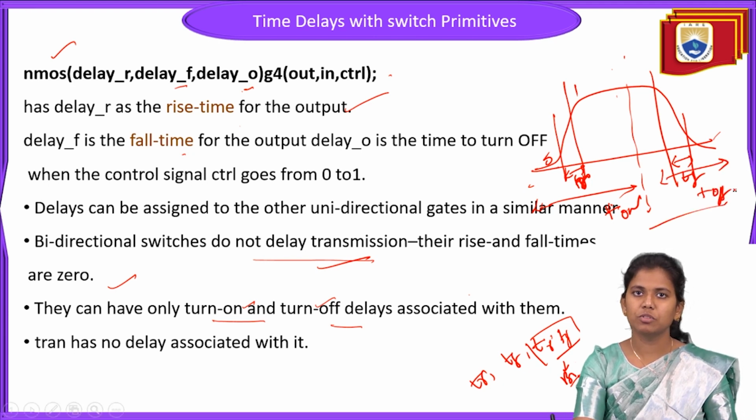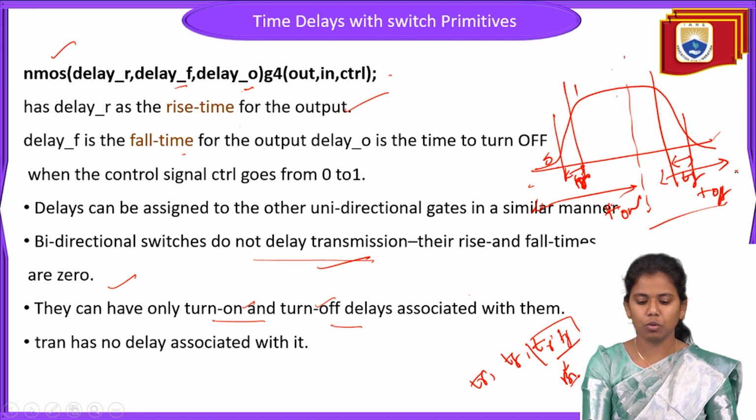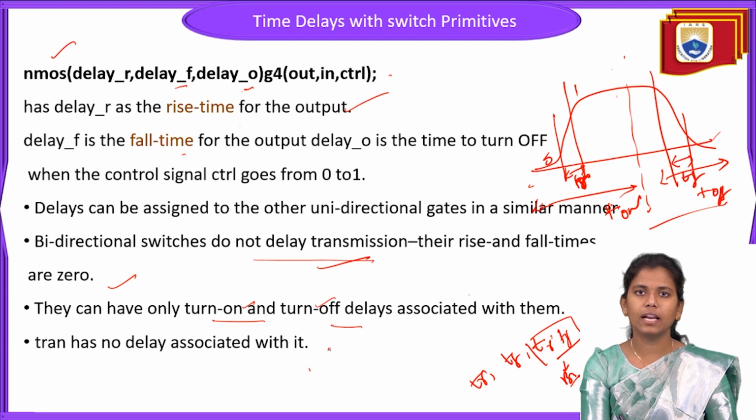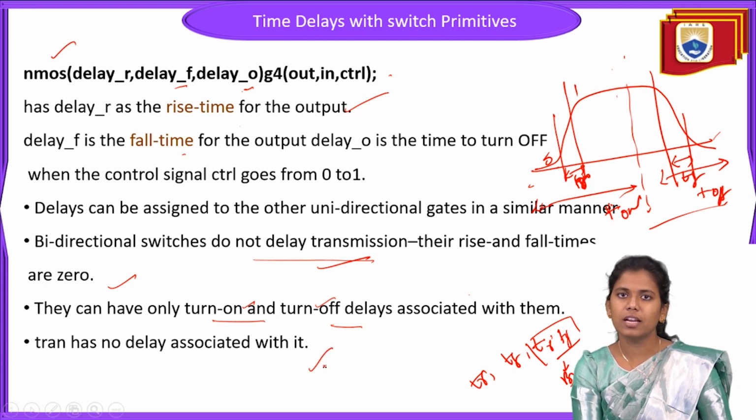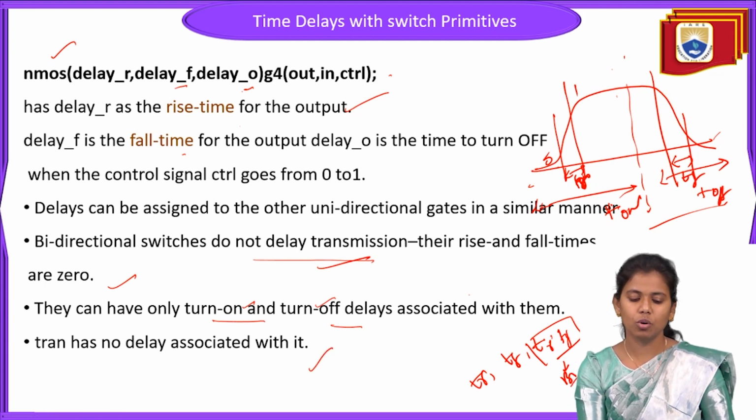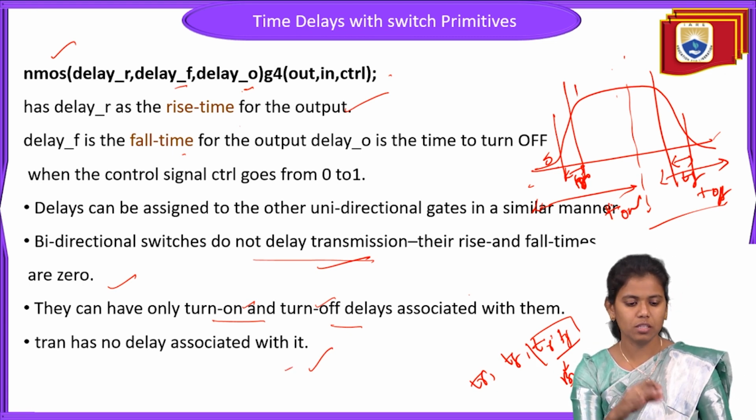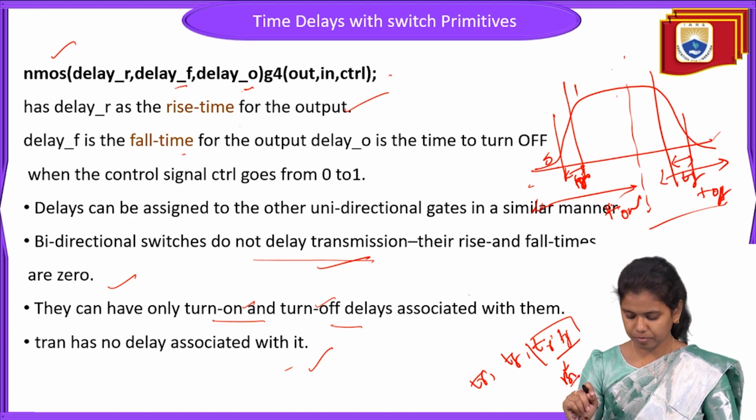So in the bidirectional switches, we see only turn on and turn off delays associated with them, but nowhere will we see the rise time, fall time, or the turn off time. And then the TRAN has no delay associated with it. Why? Because TRAN is also a bidirectional switch. So we don't see any sort of delay associated with this TRAN circuit.